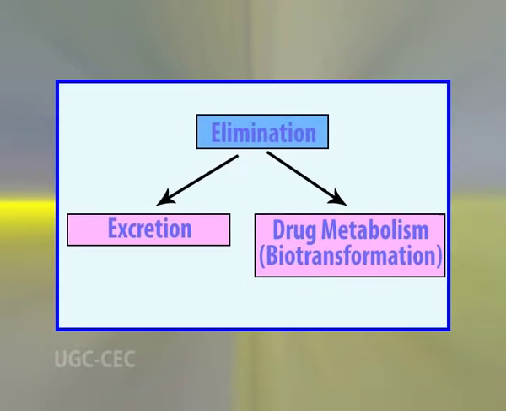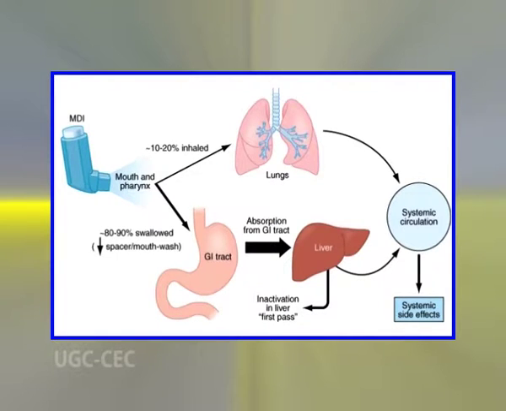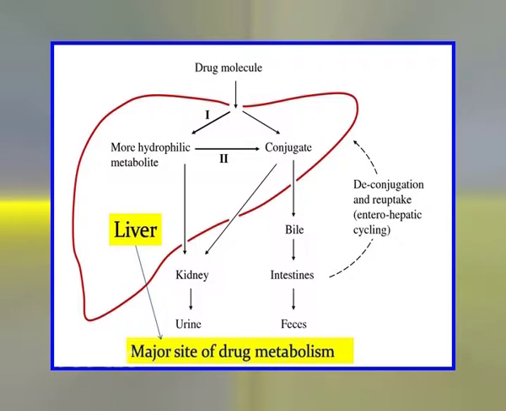The process of undergoing chemical change is called biotransformation or metabolism. Anything absorbed through the GI tract goes directly into the portal circulation that feeds into the liver. The liver is adapted to clear toxins from the body and is a major site for drug metabolism.